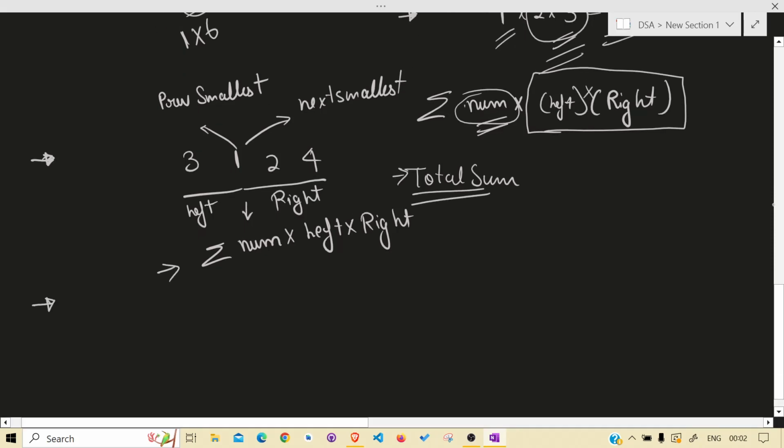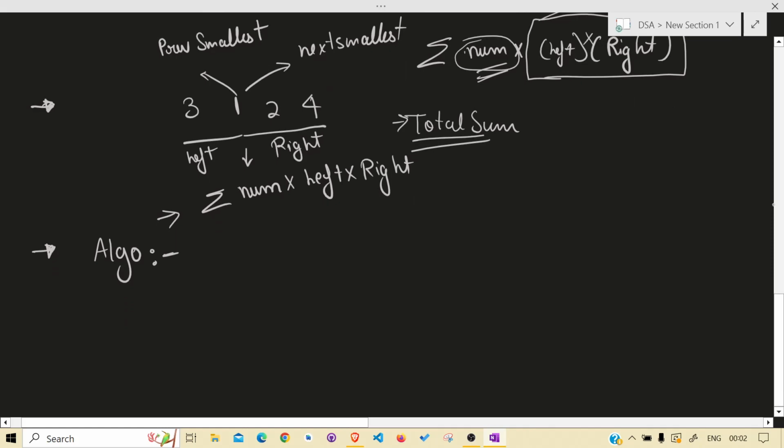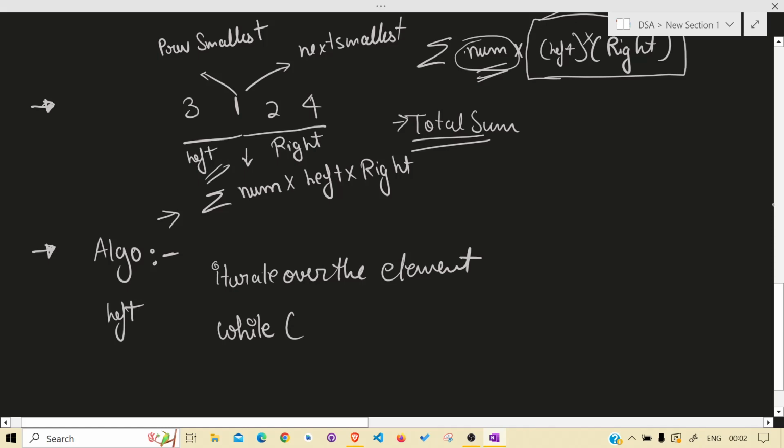What is the algo? Algo is basically iterate over the element, obviously, while we are first computing left, while the stack is not empty. And what should we do here?